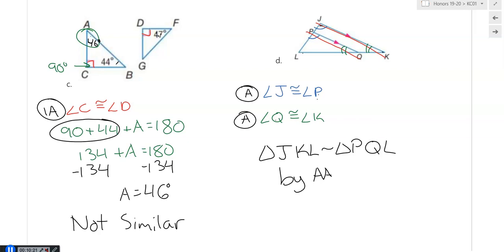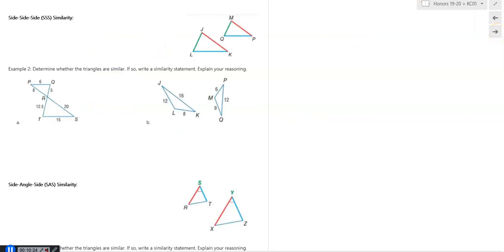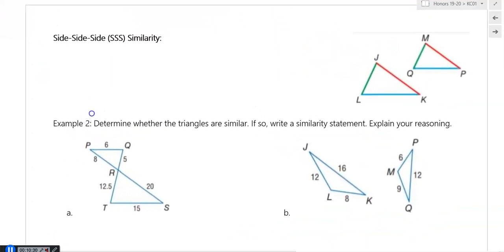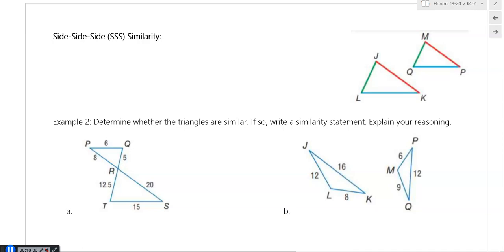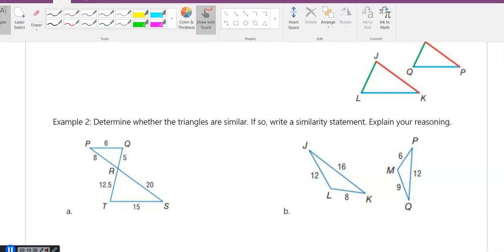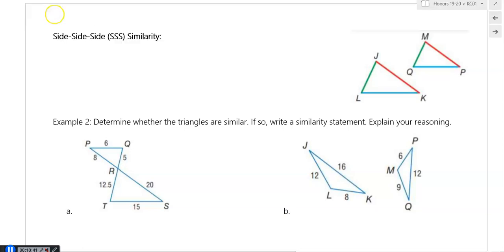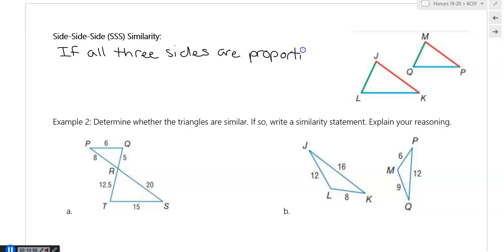Now we're going to try to get as much done as we can. The next thing we have is side, side, side similarity. So, another shortcut, but again, just a shortcut. Instead of dealing with angles, we can deal exclusively with sides. So, if all three sides are proportional, then the triangles are similar.